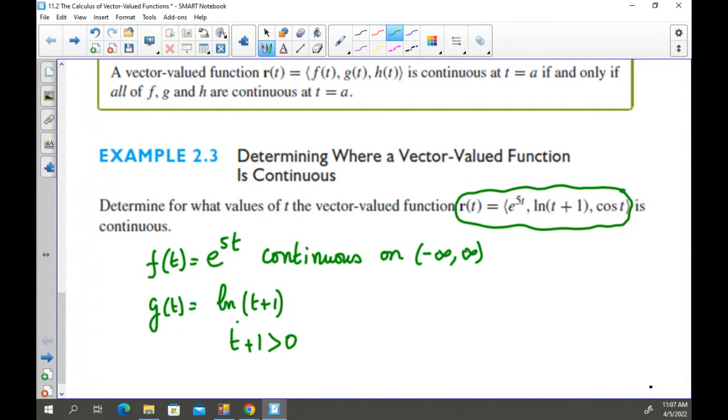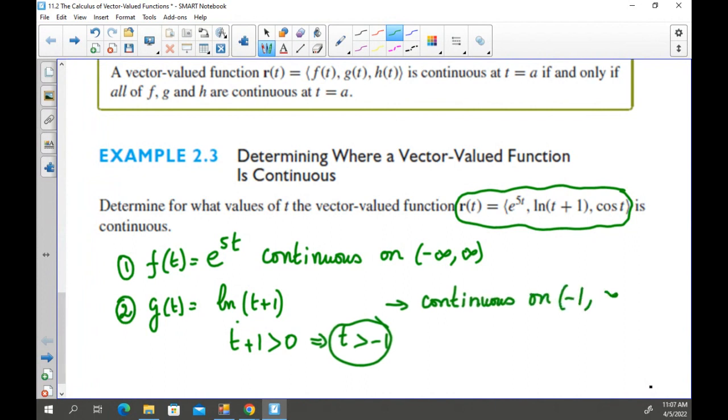Otherwise, the function is not even defined. Therefore, t must be greater than minus 1. So this function is continuous on the interval from minus 1 to infinity.